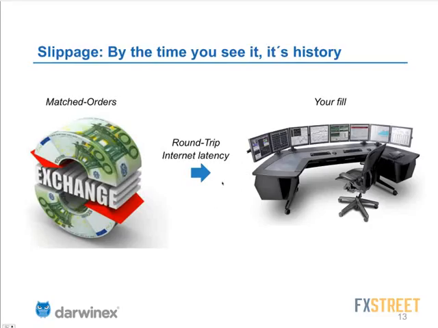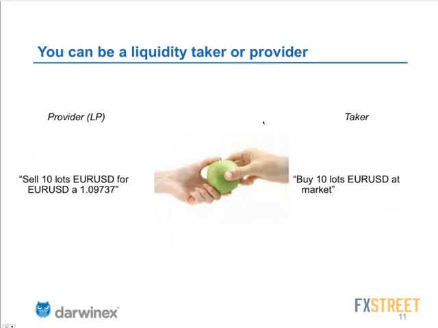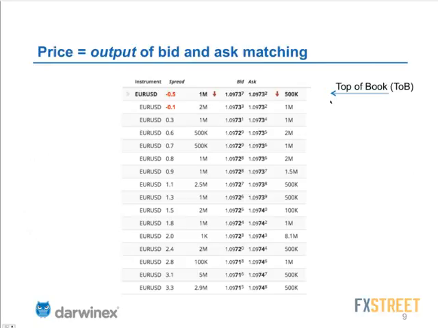Then there's the point of latency, and that's an important one that has already been brought up by Zoom. The price that you see on MT4 is, to start with, only a fraction of the bigger market price, because the only thing you see on MT4 is just the top of book, but you don't see how the bid and the ask, the market depth, are moving. So it's only incomplete information that you're seeing.